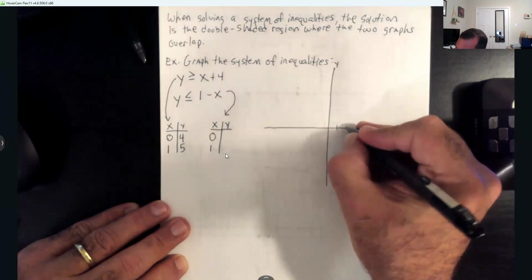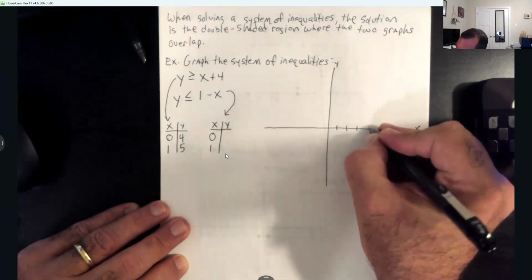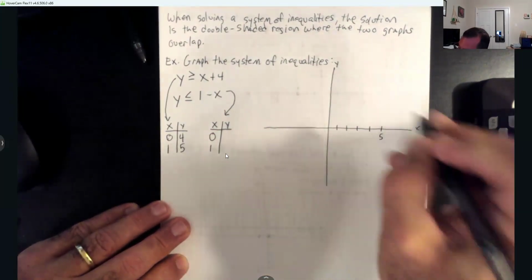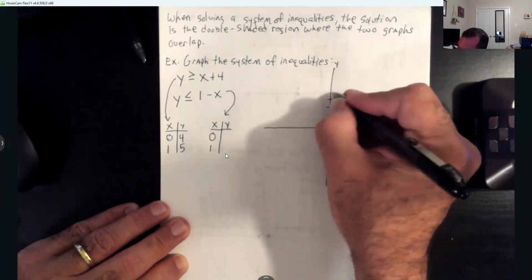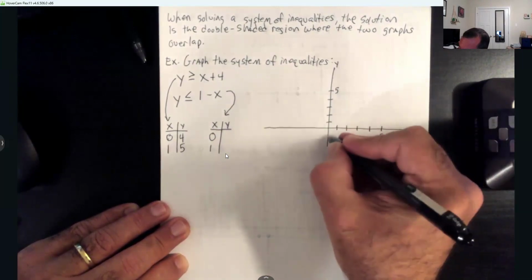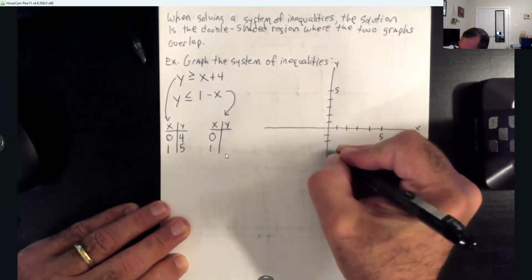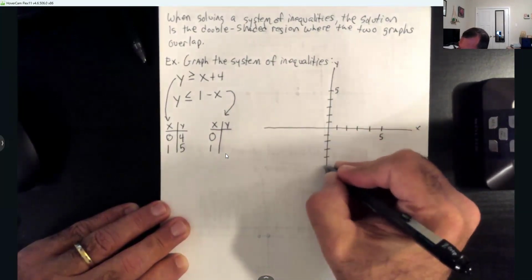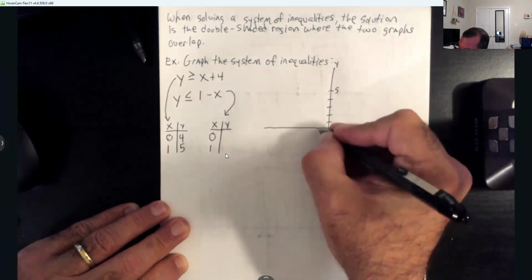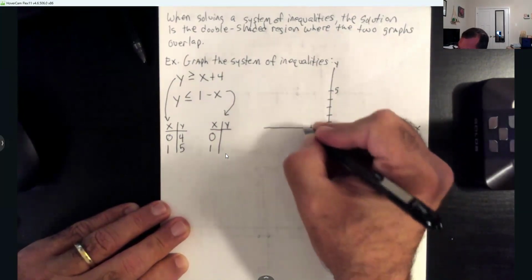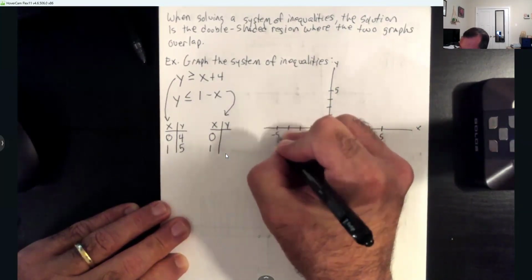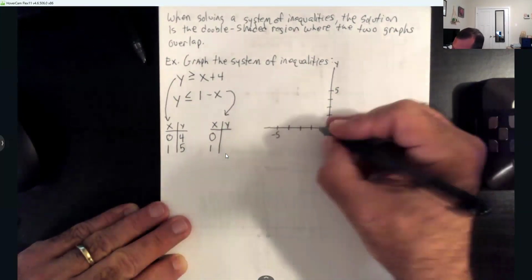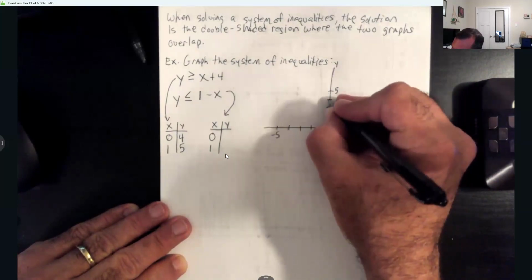All right, so let's plot that line real quick. So we'll go out 5 so far. I had 0, 4, so 0 on the x, up 4.